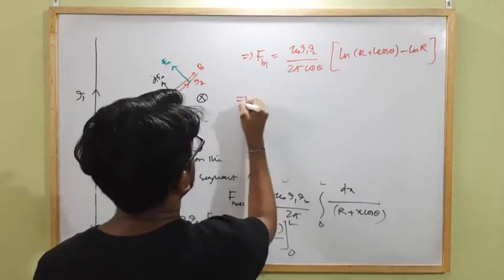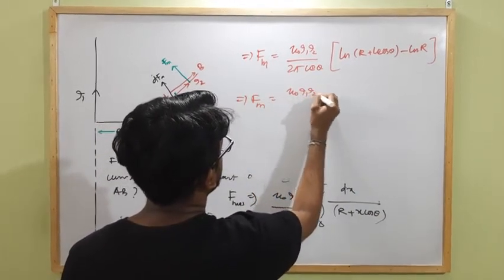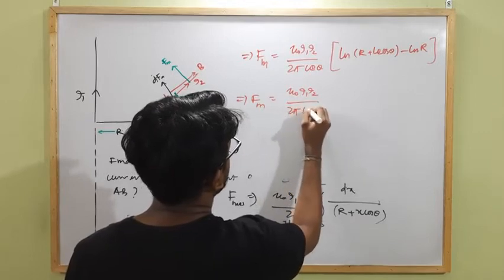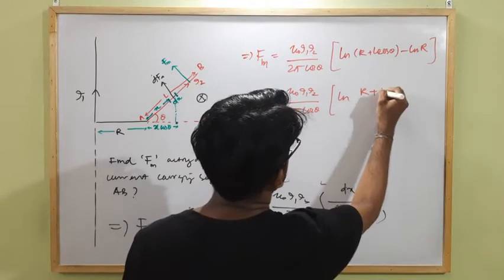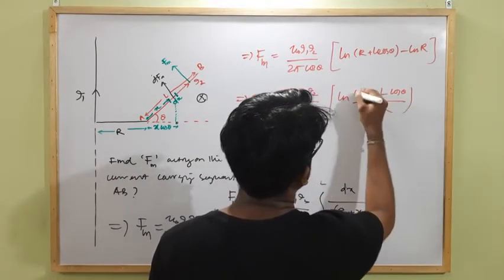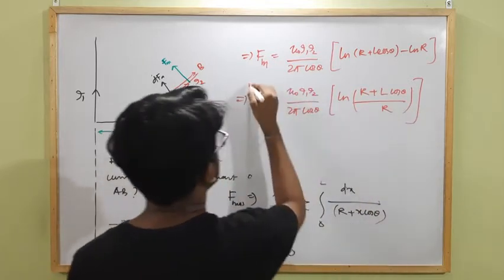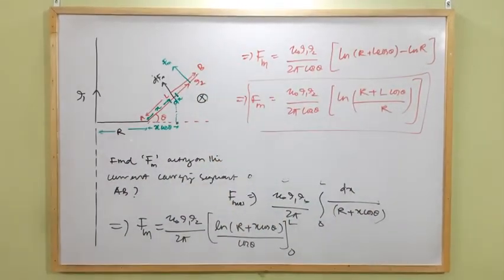So the net magnetic force acting on the segment can be written as mu naught I1 I2 divided by 2 pi cos theta into ln of (r plus L cos theta) divided by r. So this is the final expression for the force acting on this current carrying segment.